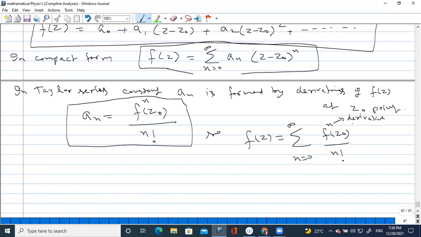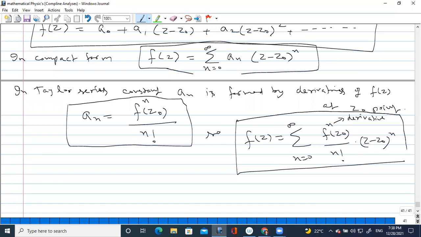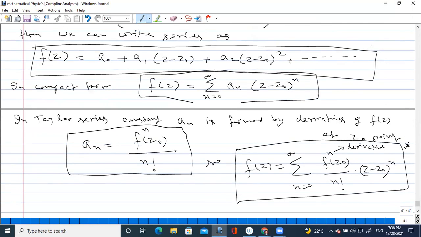To remember it, you write here that this is the nth derivative, into (z minus z0) to the power n. So this is the final compact form of Taylor series. This formula is important, you remember it. Or in expansion form also you can remember this. So these two formulas are the final.